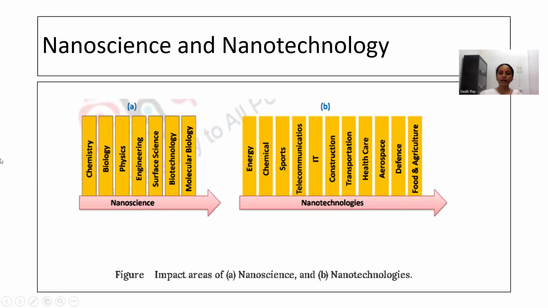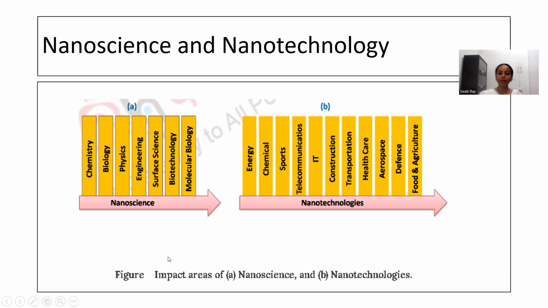Nanoscience is the study of science at the molecular or atomic level and at the nanoscale level. The impact areas of nanoscience are chemistry, biology, physics, engineering, surface sciences, biotechnology, and molecular biology.